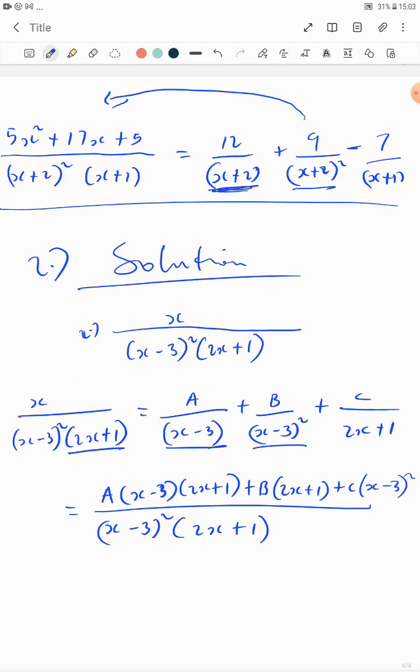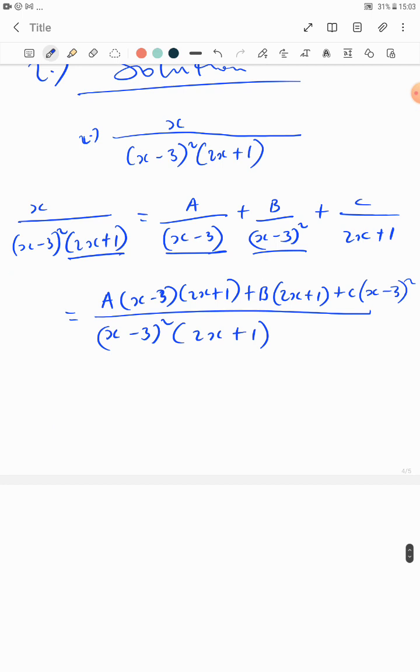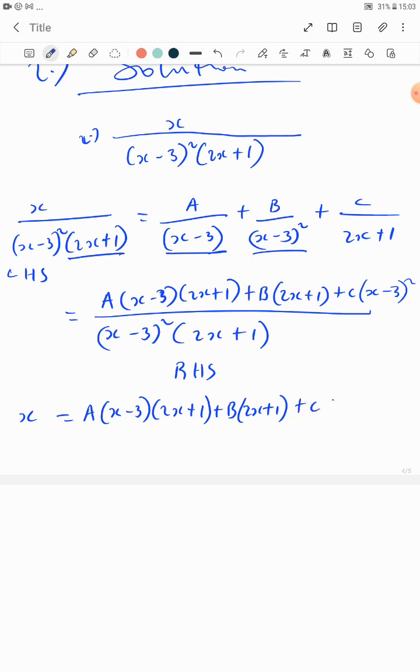So now that the denominators of the left hand side and the right hand side are the same, obviously we can equate their numerators. That's x equals A (x minus 3)(2x plus 1) plus B (2x plus 1) plus C (x minus 3) squared.